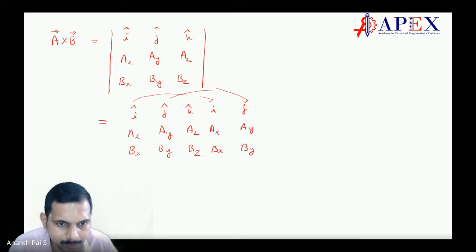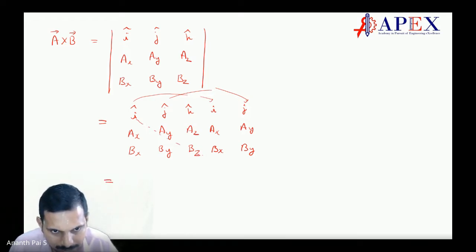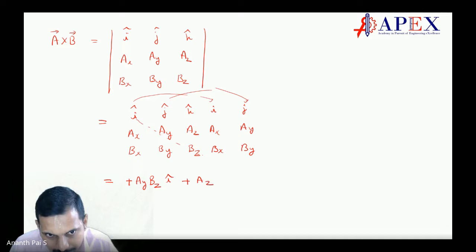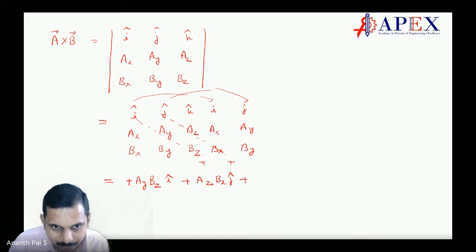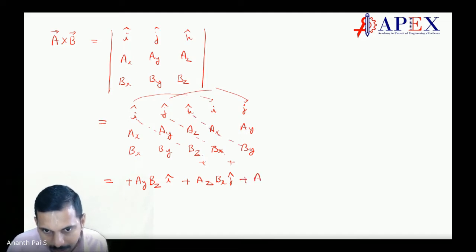Next, you directly add this. You say this particular thing is equal to, you can write this as plus AY BZ into I, then here plus AZ BX into J, plus you go in this fashion AX BY into K, done.